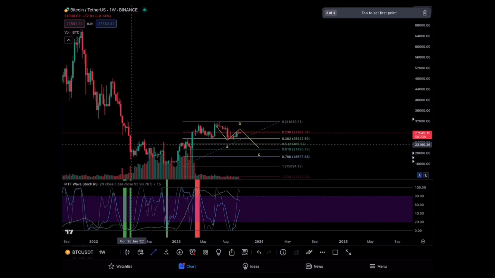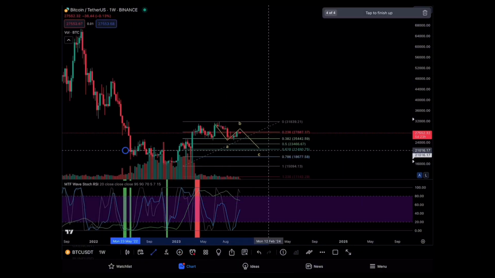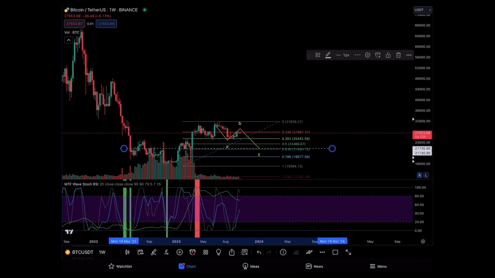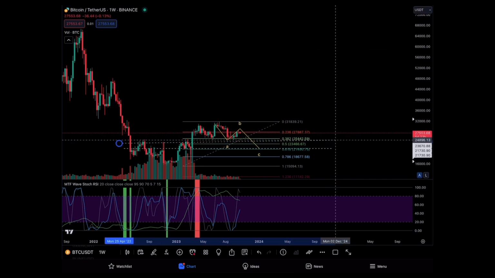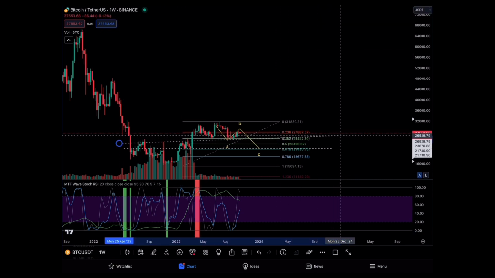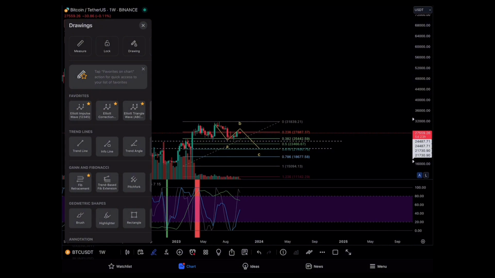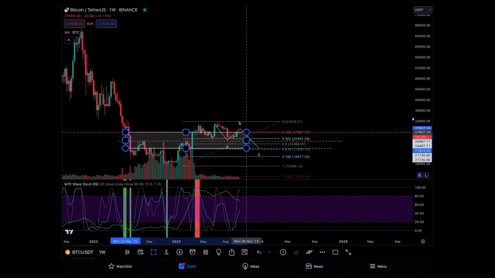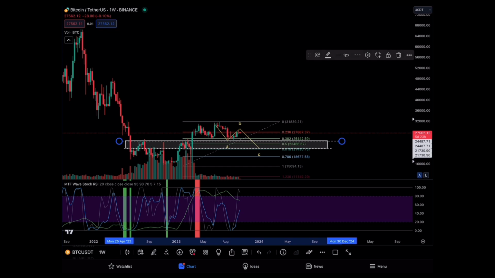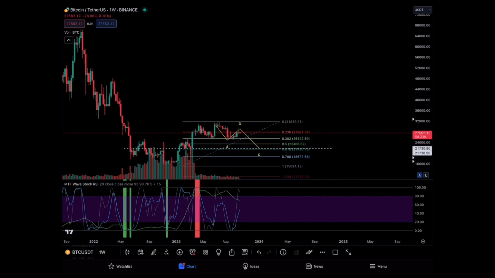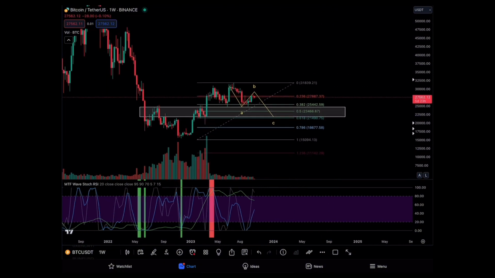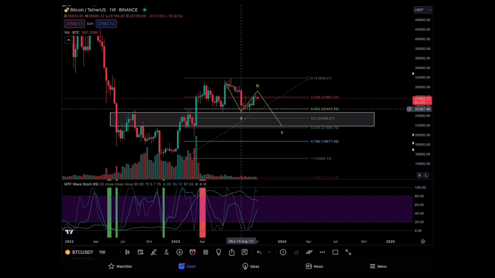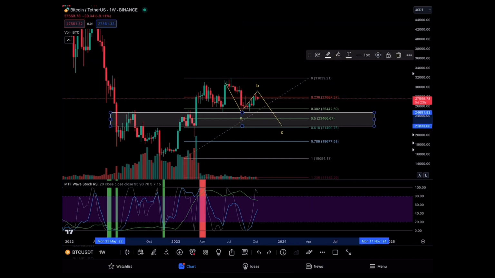So if we were to draw this line here, and then the next one here, or we just draw a box. And we've already had this tested multiple times.